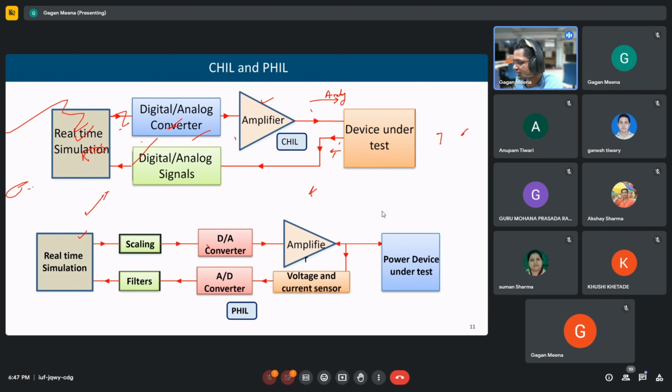In CHIL, the device under test gives signals at low voltage. But here, power devices give high voltage and currents. For that, they will need explicit voltage and current sensors. So we can use them, and then the next step will be the analog to digital converter and then filters.